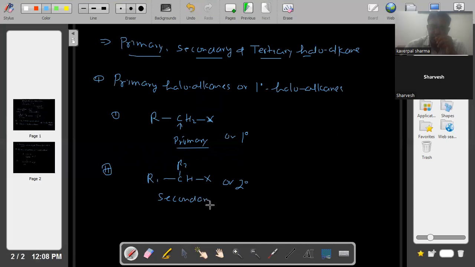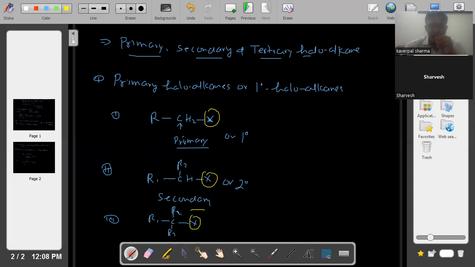Or secondary haloalkanes. Third, if R1, C, R2, and R3, in such a case also there is a halogen. In all three cases, these have a single halogen, all are monohalogen compounds. But here the carbon bearing two hydrogens is called primary. Here the carbon bears only one hydrogen, that is called 2 degree.